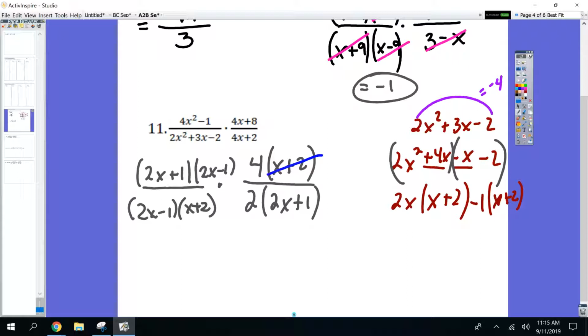X plus 2s can go. Ashley? The 2x minus 1s can go. 2x plus 1s can go. What's the only thing left? 4 over 2, also known as 2.